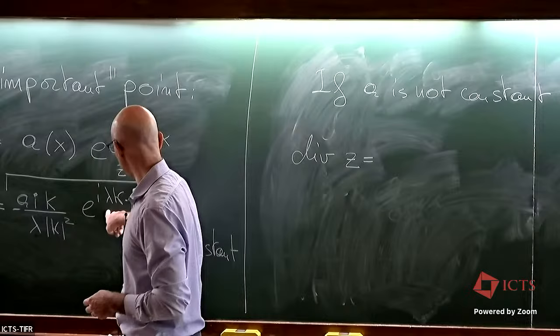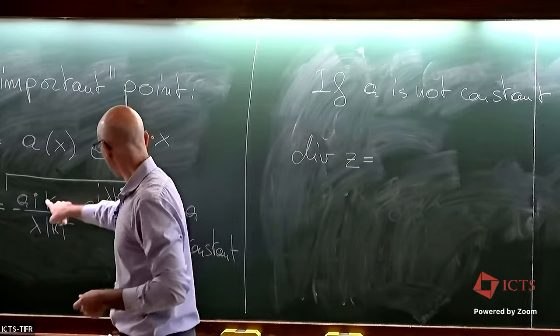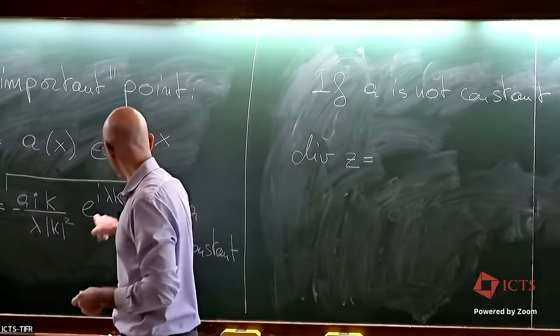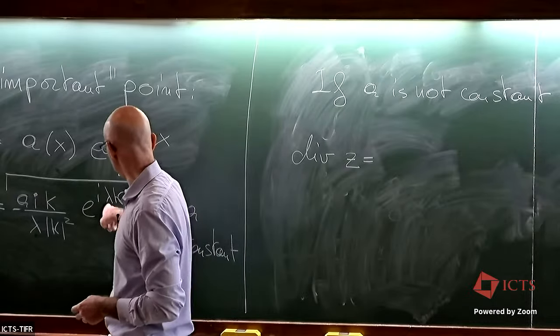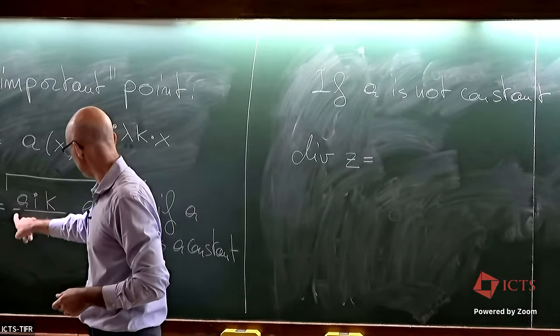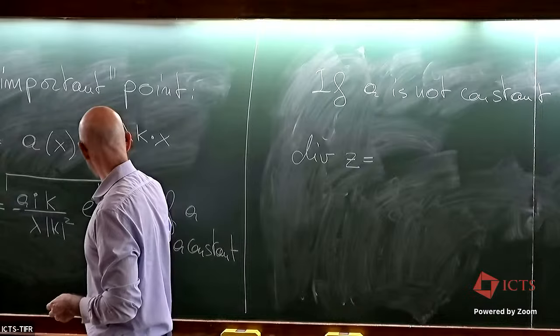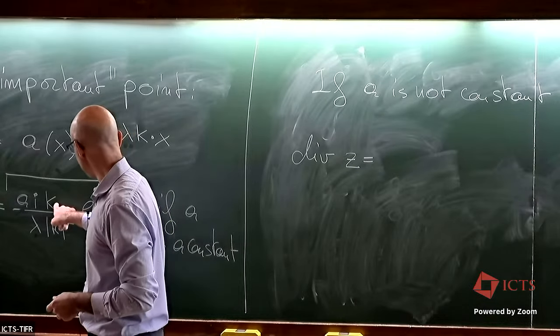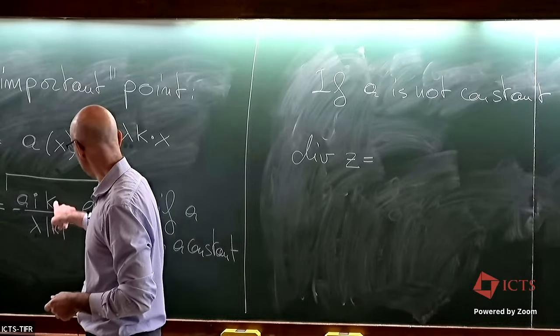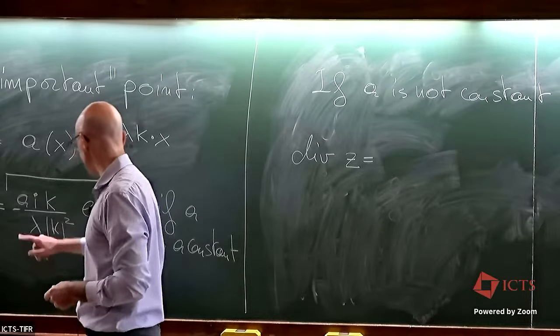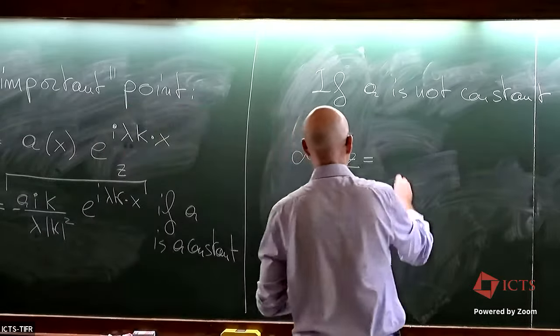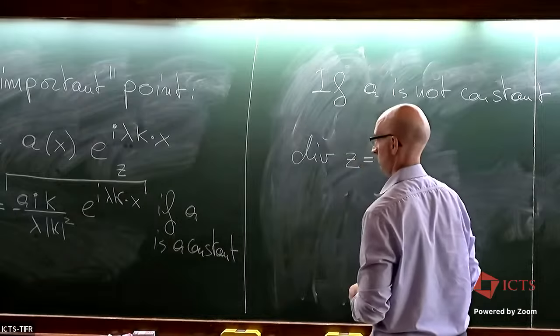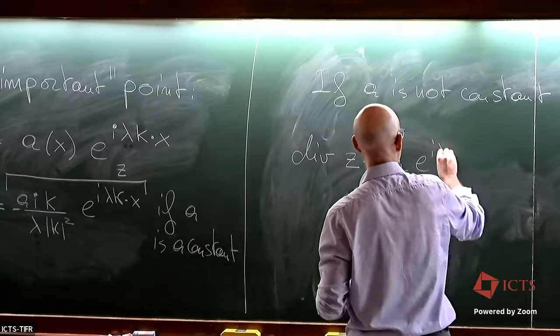We get the product of this vector with the gradient of this guy. So i multiplies i gives a -1. This becomes a plus. K times lambda multiplies scalar k times lambda, and it gives me lambda times modulus of k squared, which eliminates that. So that I like, right? So it gives me A, e to the i lambda k dot x.